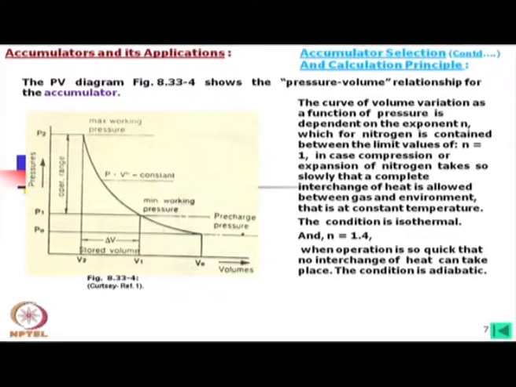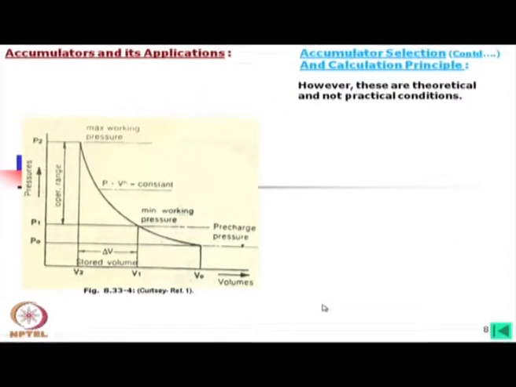When the operation is so quick that no interchange of heat can take place, the condition is adiabatic. So, if there is a very quick change, then the condition is adiabatic, but when it is a relatively slow process, then we can call it isothermal. However, these are theoretical and not practical conditions.